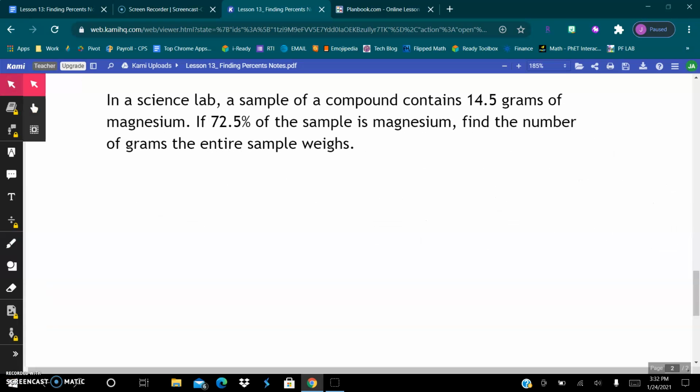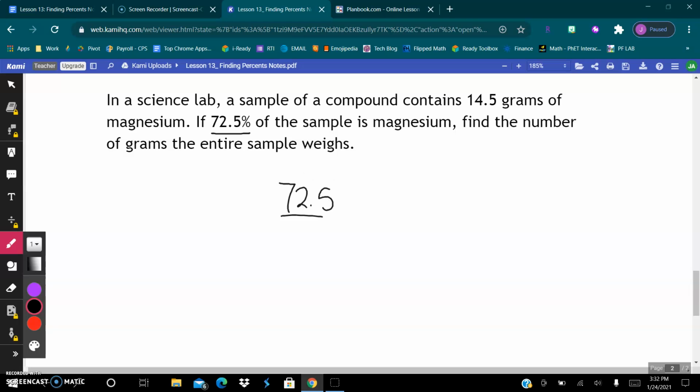And our last question here says, in a science lab, a sample of a compound contains 14.5 grams of magnesium. If 72.5% of the sample is magnesium, find the number of grams in the entire sample. So again, we have a percent, so we automatically know that has to go over the 100.